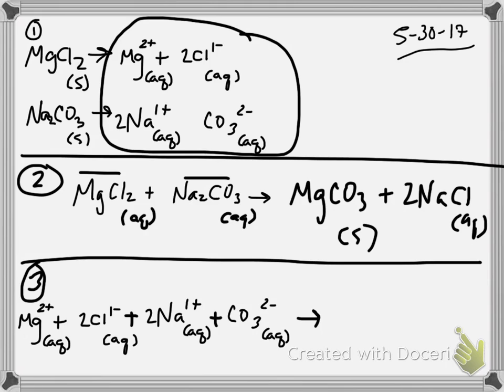I put in my reactants. What do I get as a product? Well, I get the sodium and the chloride ion, or the sodium and chloride ions are going to stay as they are. So I'm just going to copy these over. They're not going to do anything different.